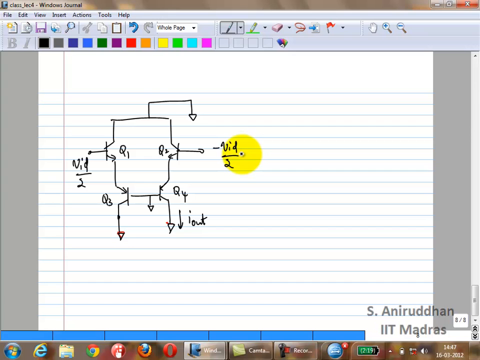Is that right? Okay. So what is I out going to be? Can somebody calculate it? Not somebody, all of you calculate it. So now what can you do? First of all, now it looks perfectly differential. You can take the half circuit. So now take the half circuit and calculate what I out is.